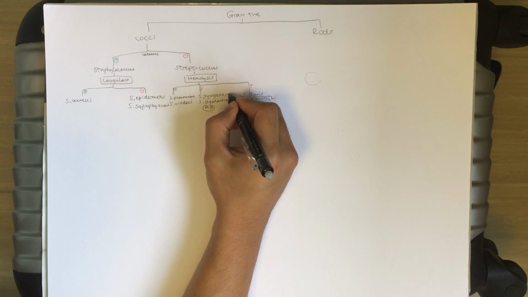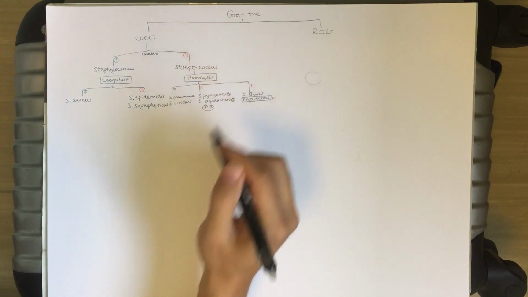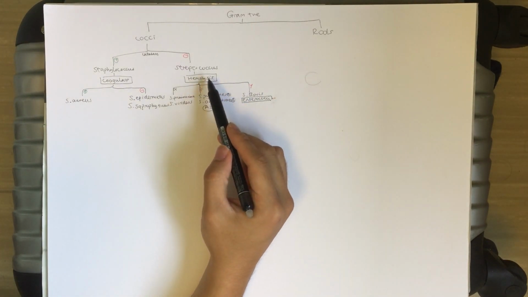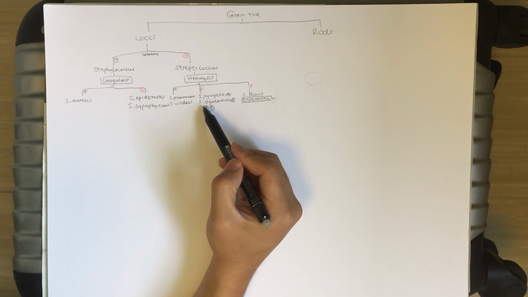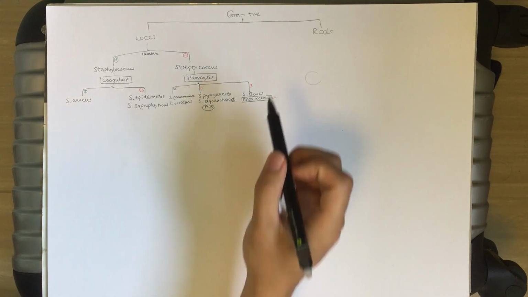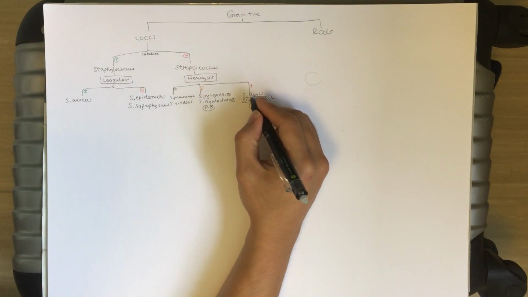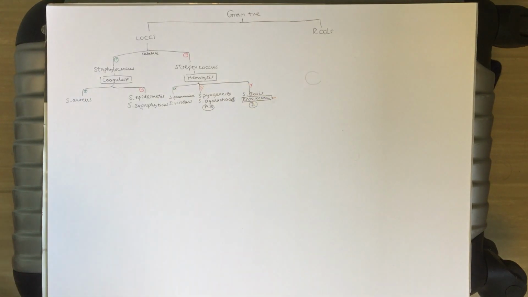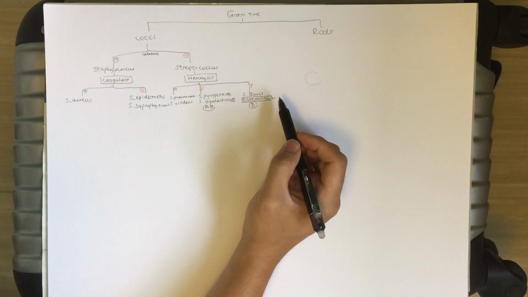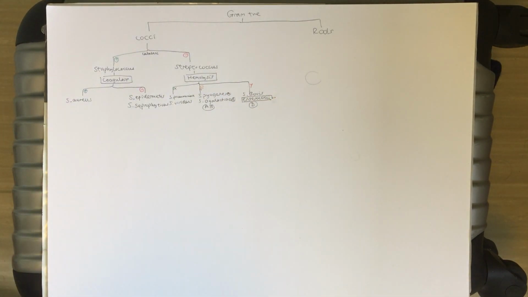So this is A, this is B. So group A streptococcus are strep pyogenes, and group B are strep agalactiae. And group D is strep bovis and enterococci. That's why I put these two together.